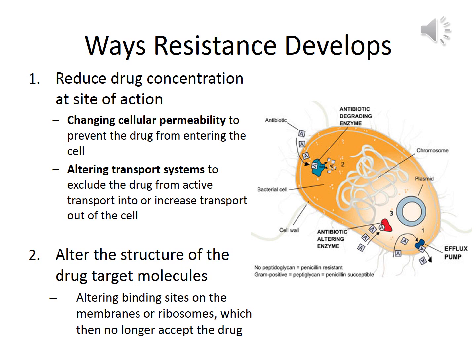So if the drug has to get into the cell and bind to a certain enzyme or certain metabolic product, if we keep the drug outside the bacterial cell, it's not going to be effective against what it will do inside the cell. So it's very common also that we alter the transport system. So again, we're going to exclude the drug from active transport in, or increase the transport out of the cell. So the mechanism is basically to keep the drug out, or pump it out faster, or prevent it from coming in by an active mechanism.